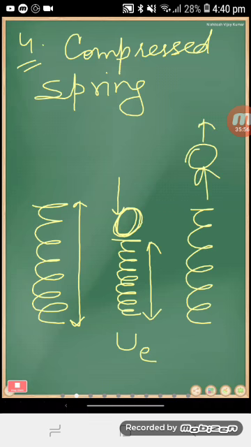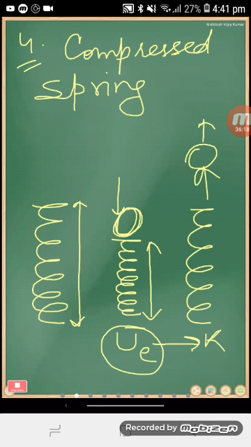Now what happens? When you are compressing the spring, due to the change in the shape of the spring, it possesses potential energy, and when you release it, this potential energy gets converted into the kinetic energy of the spring.